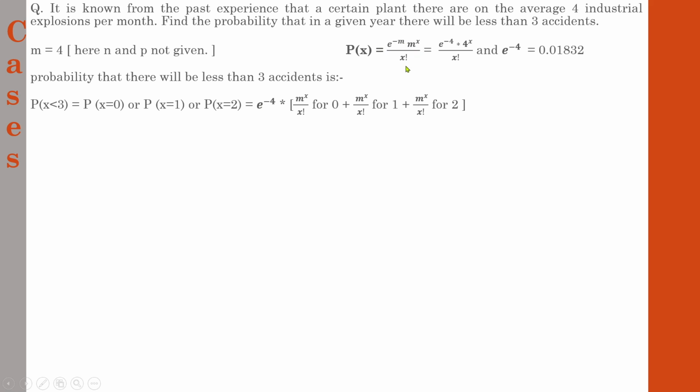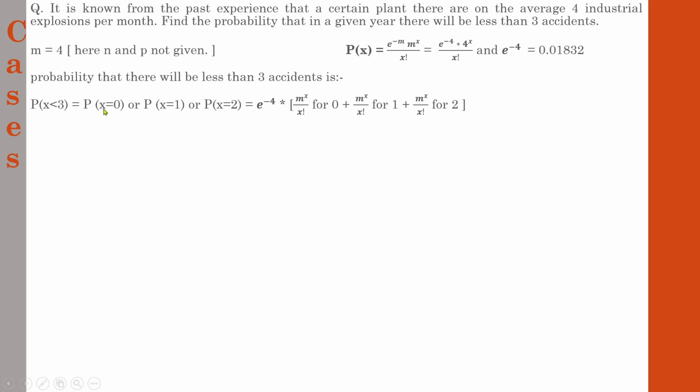You can find the probability of x equal to 0 in this equation one time, then use the same again for P of x equal to 1 in another equation, and P of x equal to 2 in a third equation, and just add all these, because here it is mentioned 'or'. In case of 'or', you will be adding together. You can do it like that, or I am showing you another easy method or trick.